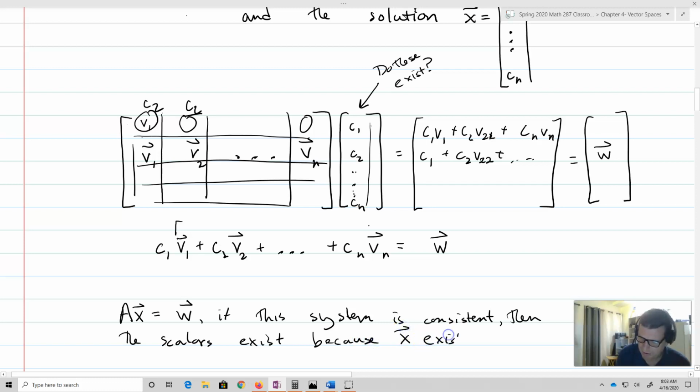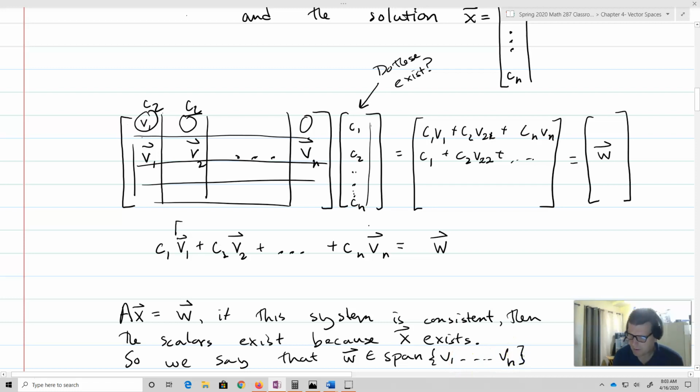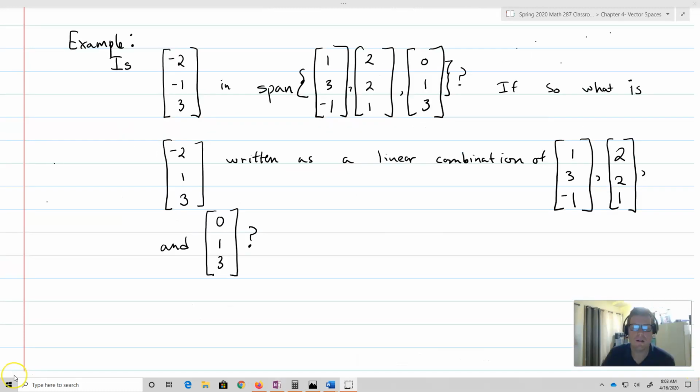That's what it means to have a solution. So we say that W is in the span, belongs to the span of our set of vectors, in this case V1 through Vn. Cool, that's kind of the idea.